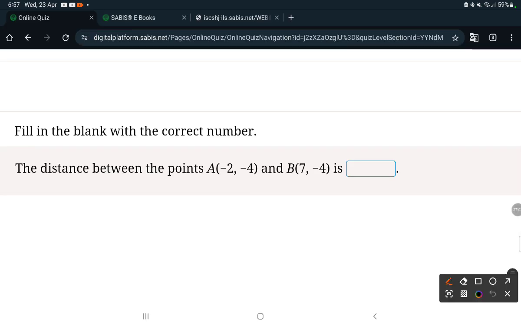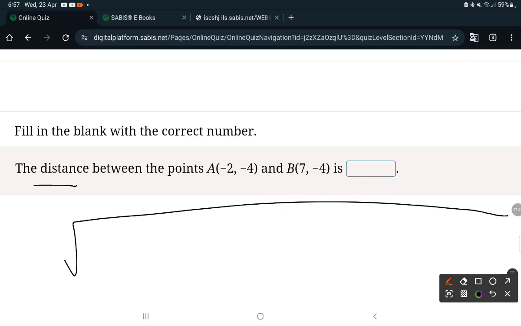Again, keyword on distance, the distance between the points. That's all you need to know, and then you immediately know what you're doing. So, again, when you see distance, you do the distance formula. We have x2, which is 7, minus x1, which is minus 2. So minus 2 is going to be keep, change, opposite.